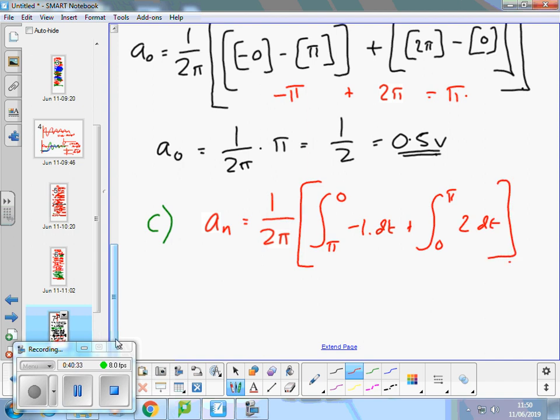That's the calculation we've got to do from the formula to find the An, the A terms being the cosine terms.